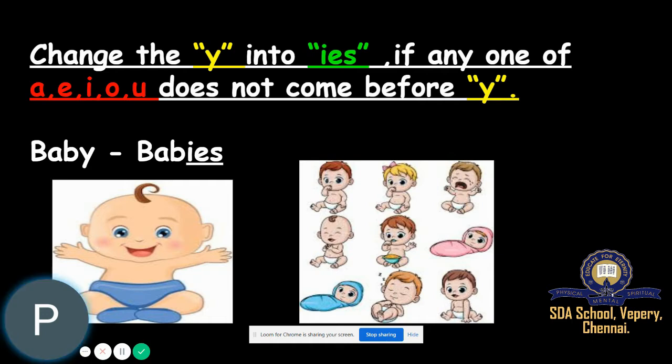Now how are we going to change the letter Y into IES? After the vowel letter A and before the letter Y, there is another letter in between, so the letter Y has to be changed into IES, and in plural it has to be pronounced as babies.